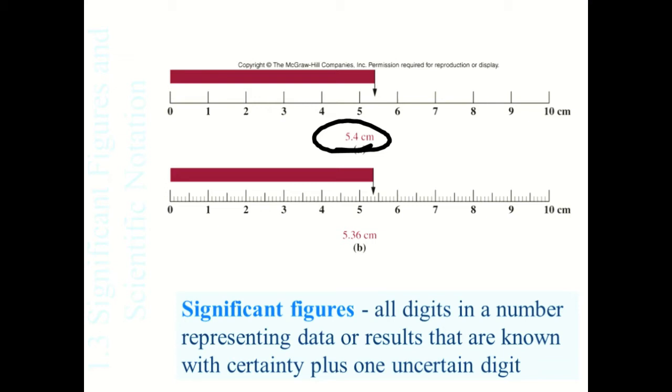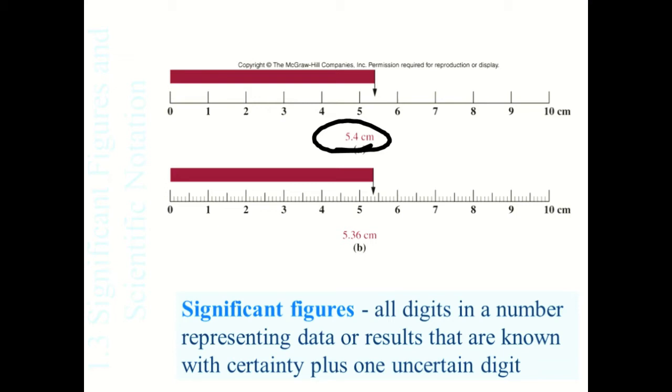I have to guess where between 0.3 and 0.4 it lies. It lies at 5.36. I could have said 5.35 or 5.34 or 5.37. It's a guess. I don't know for certain where it is. I just know it's between those two numbers, and that's my last significant digit.